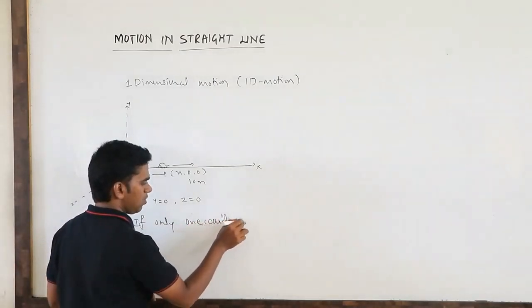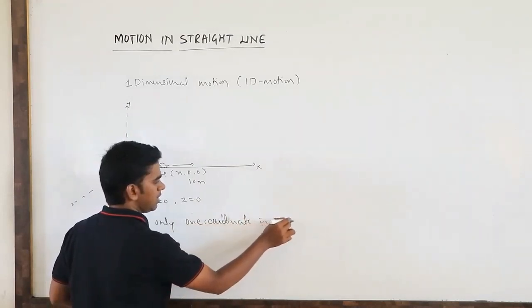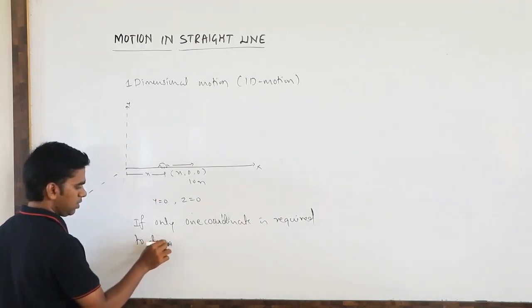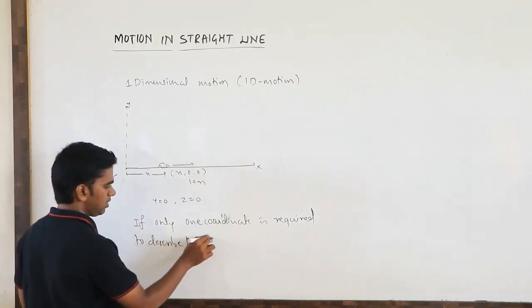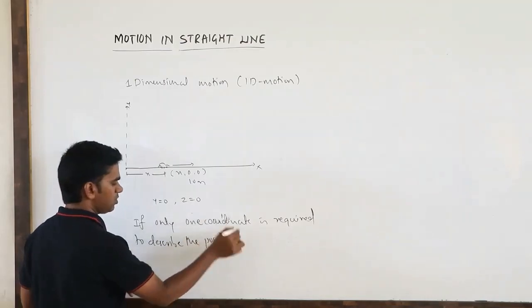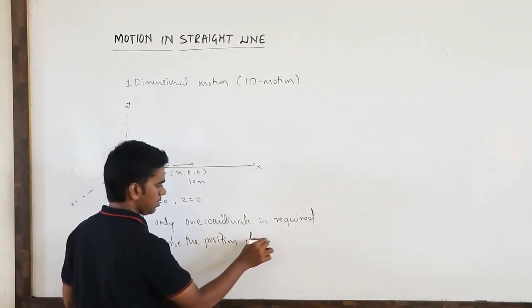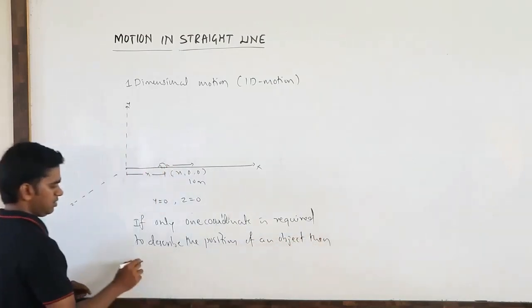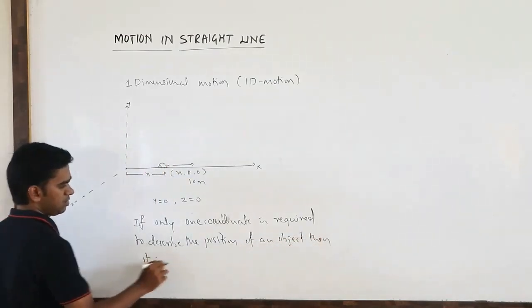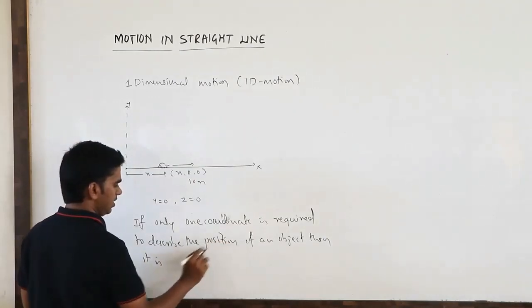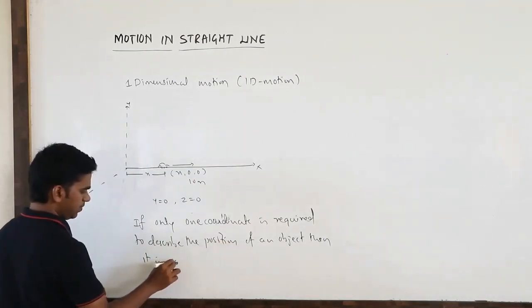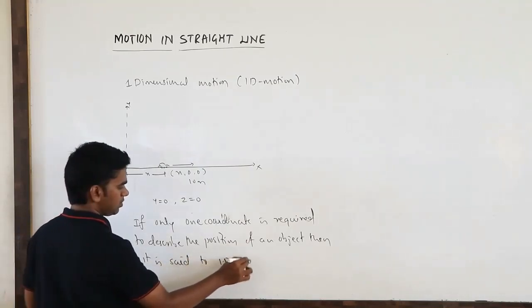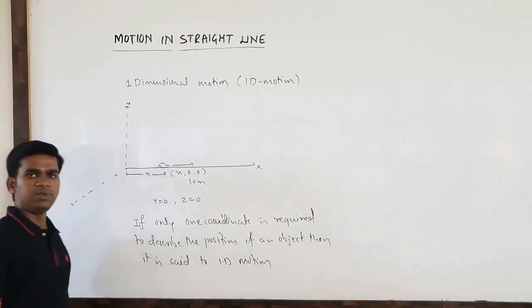If only one coordinate is required to describe the position or motion of an object, then it is said to be one-dimensional motion.